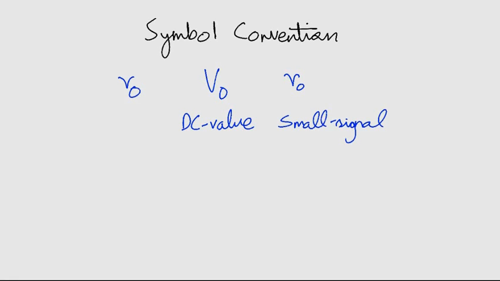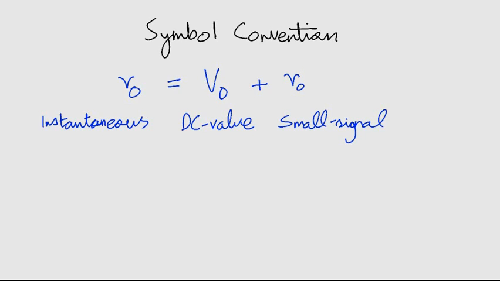The leftmost one on your screen is the instantaneous value, and it is denoted by small v subscript capital O. The relationship between each of these values is given by the instantaneous value is equal to the sum of the DC value and the small signal.